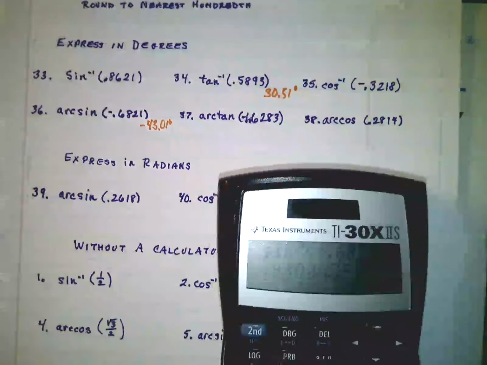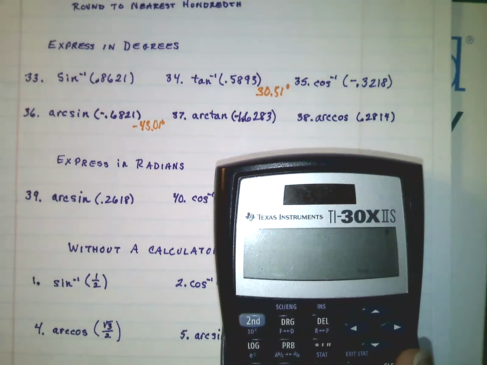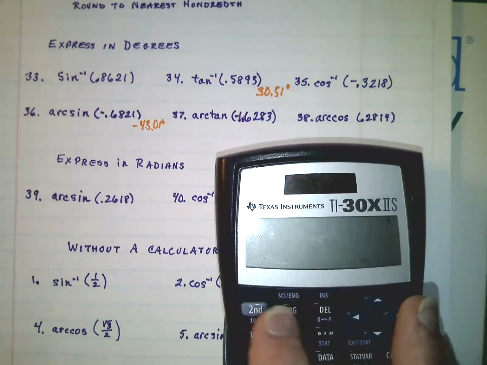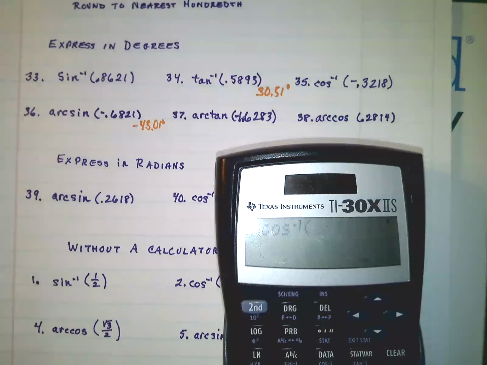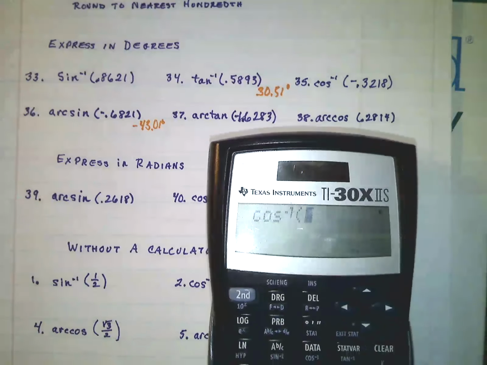And let's skip down to the last one in this section, arc cosine. So that means the angle with this cosine value. Basically, they're asking us to find inverse cosine, just another name. So inverse cosine of 0.2814.